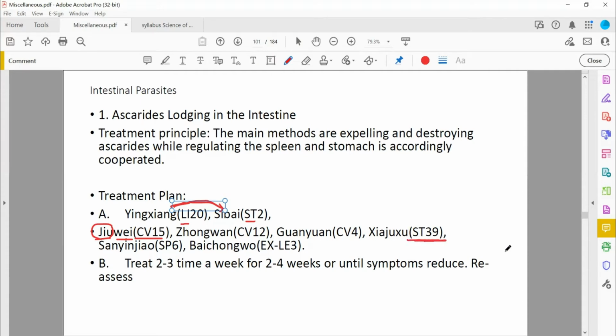So this one is what type of special point, in which category? For the intestine. Lower intestine, right? Yeah. For lower intestine. So it's called, what's the name? Lower what?